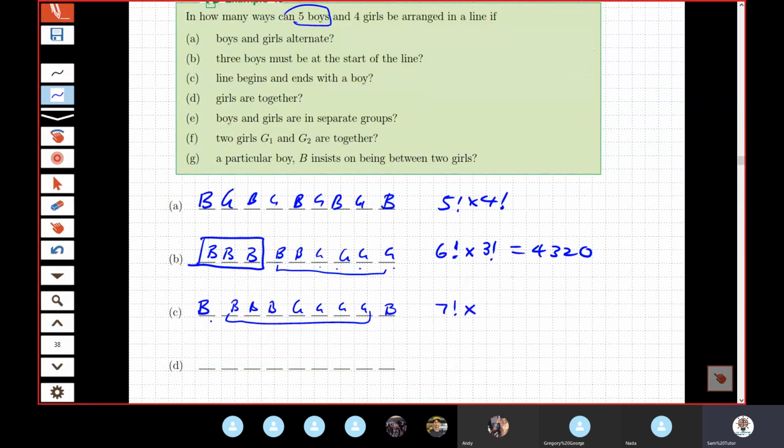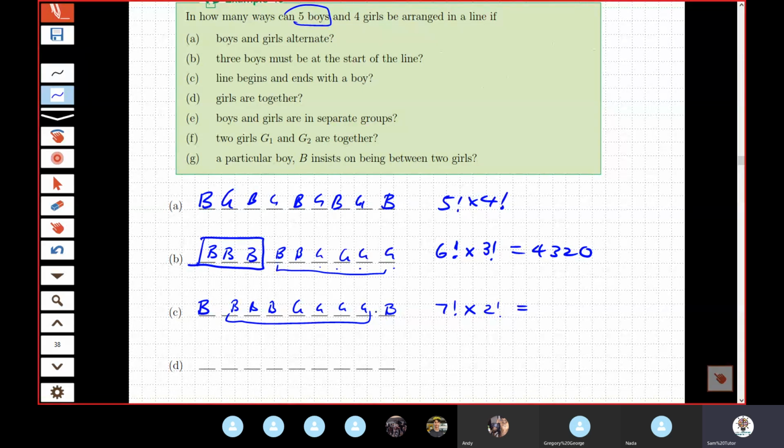Times these 2 boys could change. And what you're saying is, I've got to go and do 5 choose 2. You see, it's not like that. If they need to be placed at the beginning and at the end, it's already included. Does that make sense?